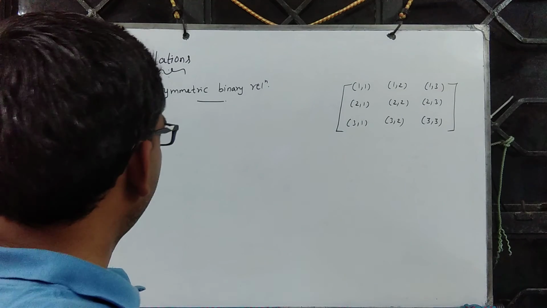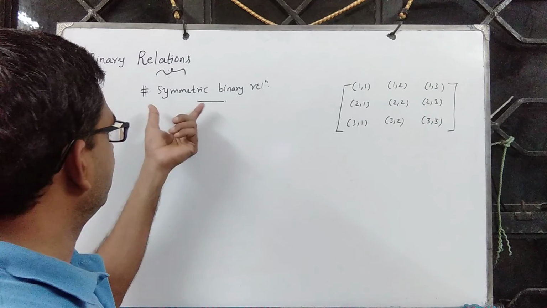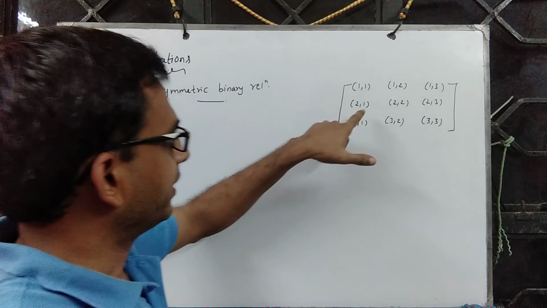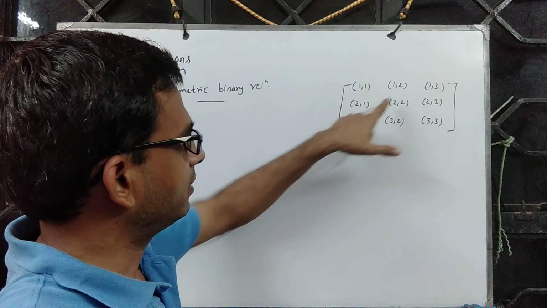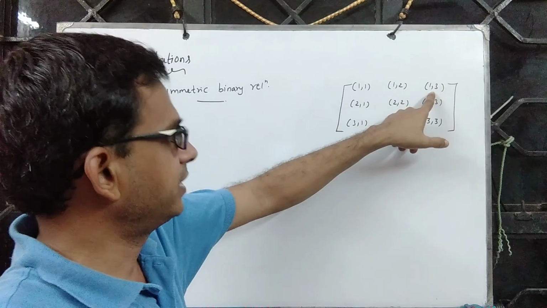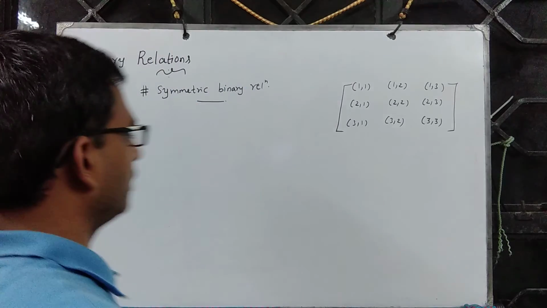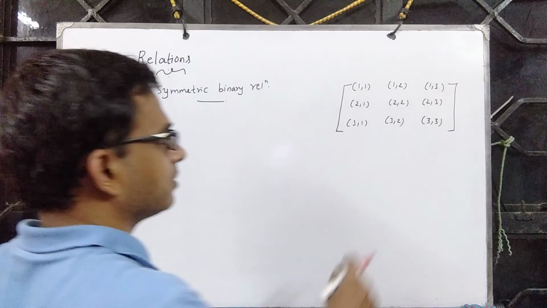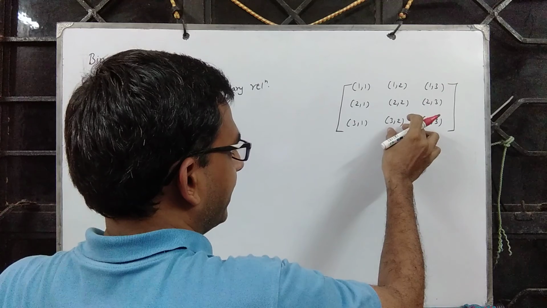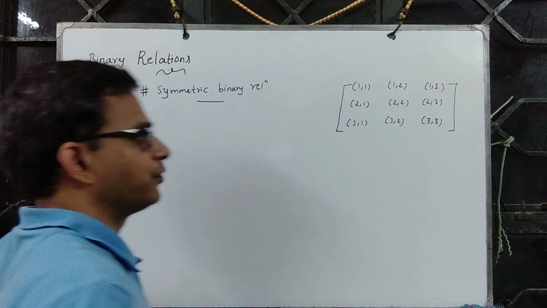So when we count symmetric binary relations, the definition says if AB is present, then BA must be present. So in some sense, if you take this element, its counterpart is forced.